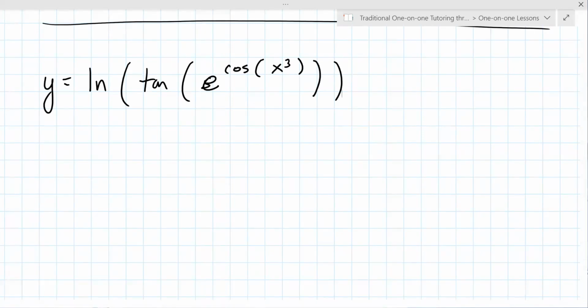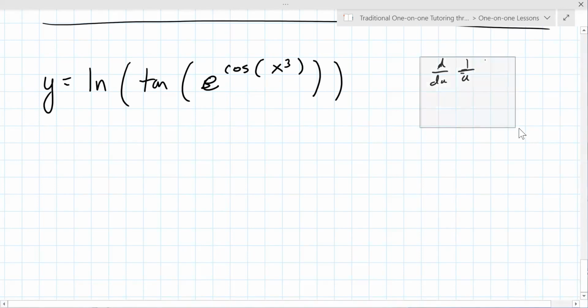Oh, ln, 1 over x, right? Yeah, the derivative of natural log of u is 1 over u times the derivative of the inside function. I wrote that terribly.